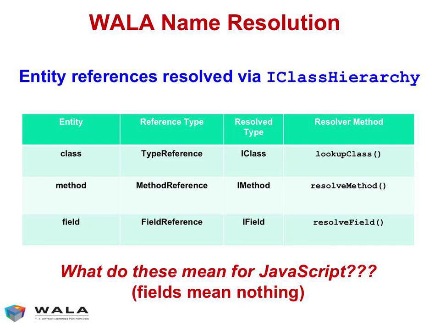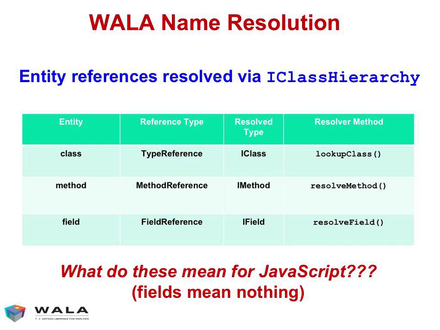So the question here is, what do these things even mean for JavaScript? We had to ascribe them some meaning. And this is actually probably one of the more confusing aspects of this JavaScript front end. And so I wanted to just walk through this in detail. One piece of good news is that fields basically mean nothing.